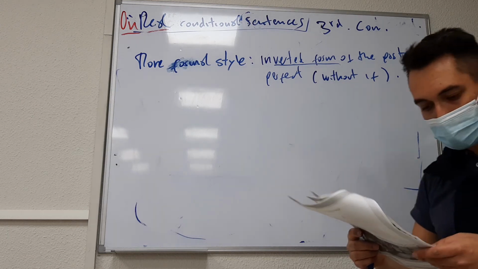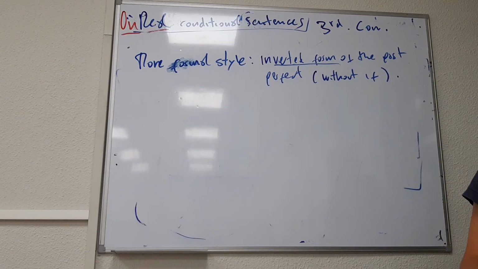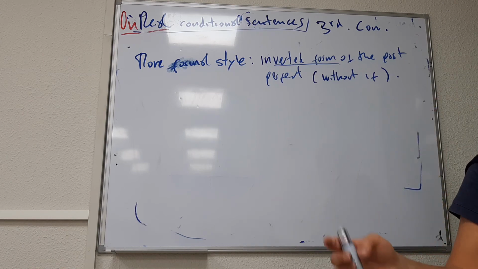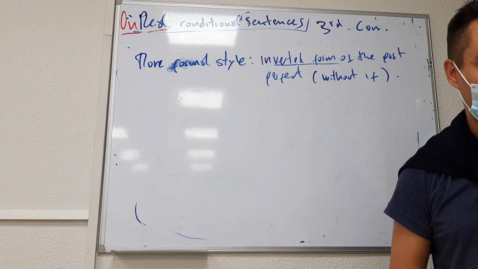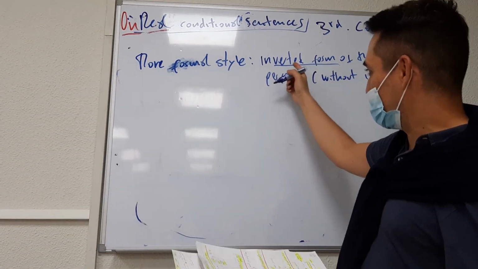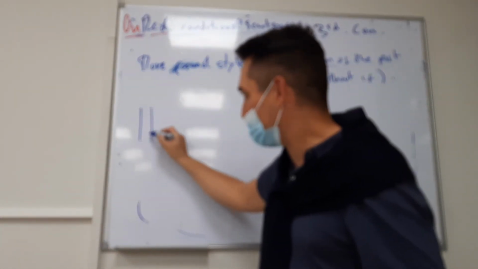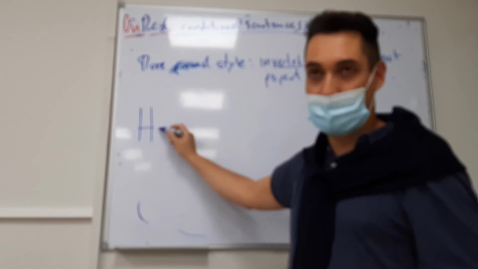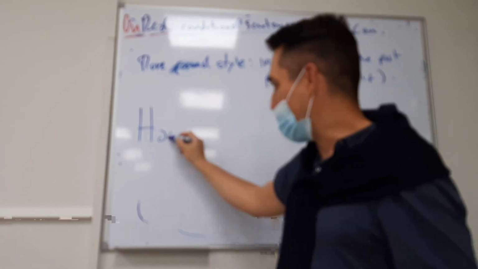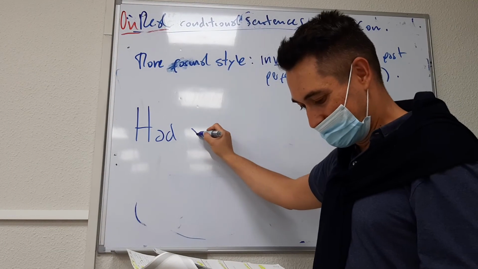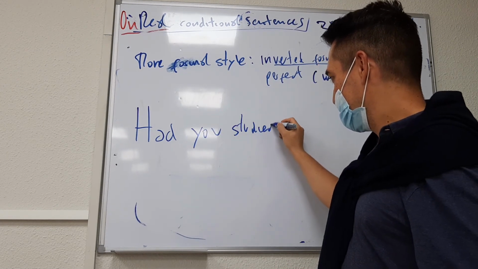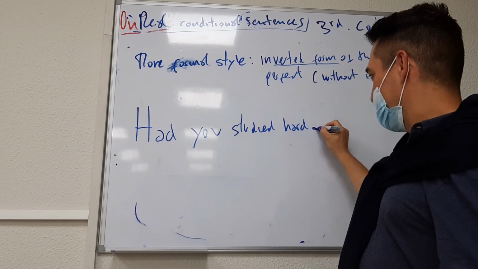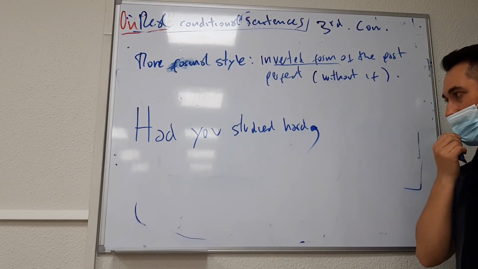Remember, the previous sentence was, if you had studied hard, you would have passed. Now, instead of saying, if you had studied hard, give it to me with inversion. Inversion of the past perfect, we need to start it with had. Had you studied hard?